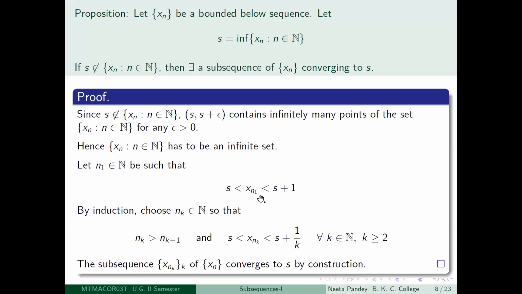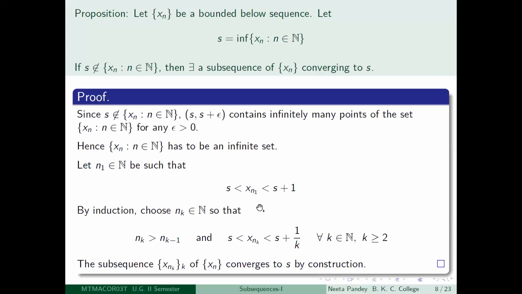Once you have done this, by induction you keep on choosing the next terms of the sequence. After you have chosen the n1th term as the first term of the subsequence, you look at the open interval s to s plus half. This open interval will contain infinitely many points of the set.